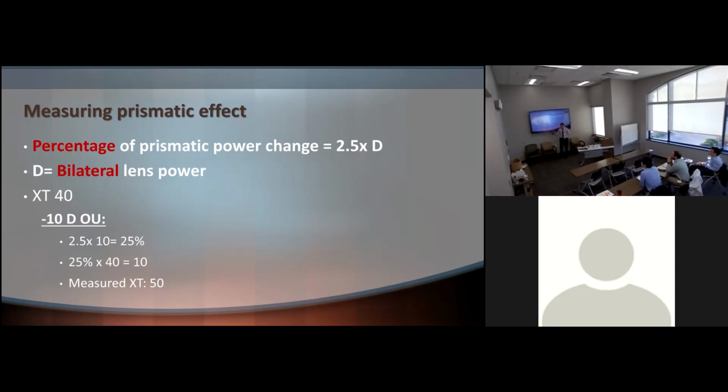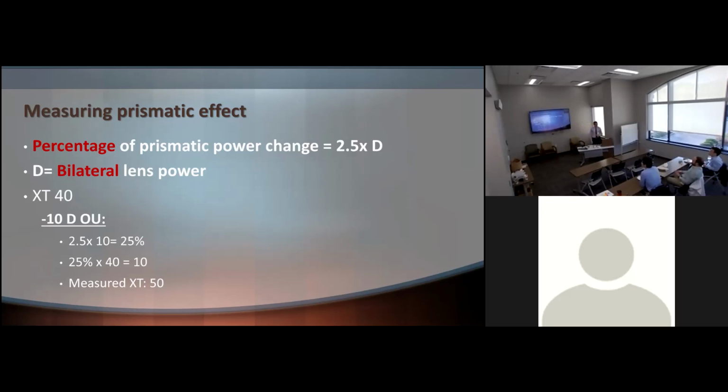Roughly, the prismatic effect of these lenses is 2.5 times 10, the power of the glasses, equal to 25%. 25% of the 40 prism diopters is 10 prism diopters. And we know minus measures more, so we add this to 40, and the patient is going to look like 50. So when you measure 50 with the thick glasses, you subtract 10, and this is the patient's net prismatic deviation.